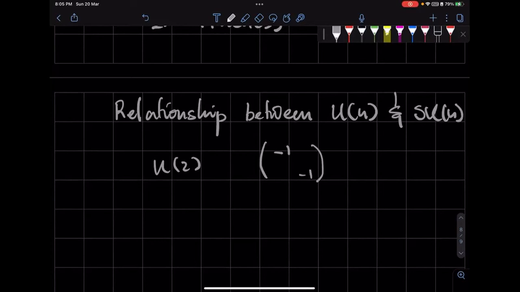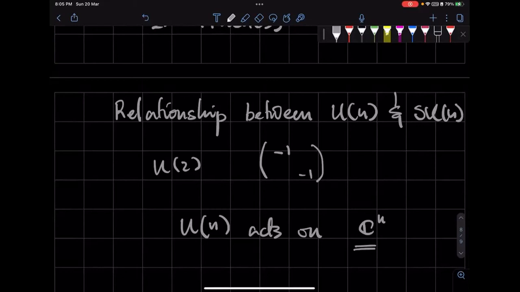The 2x2 matrices act on C2. Like the vector space that UN acts on, it acts on some Cn. We'll talk more about what things act on when we talk about representation theory in the near future.